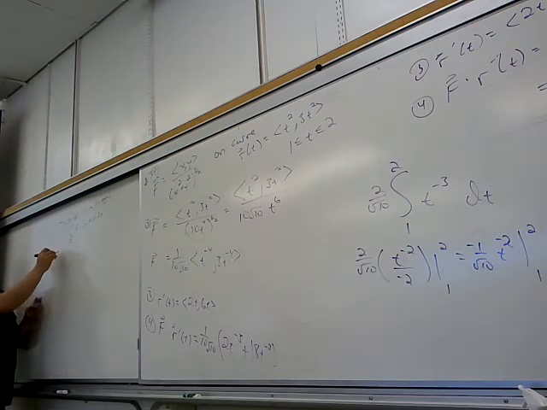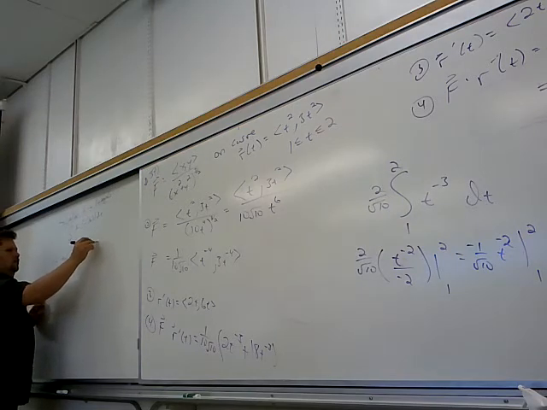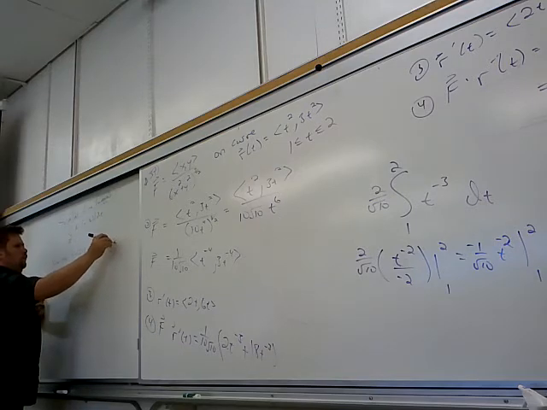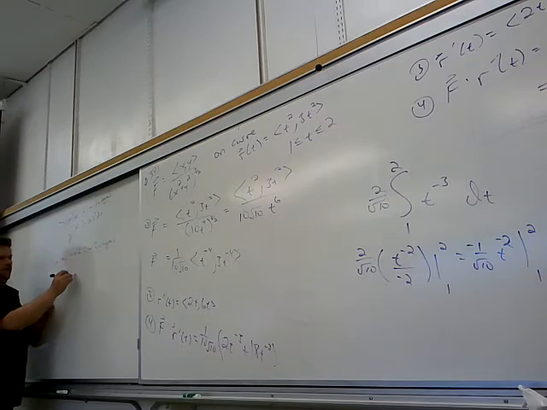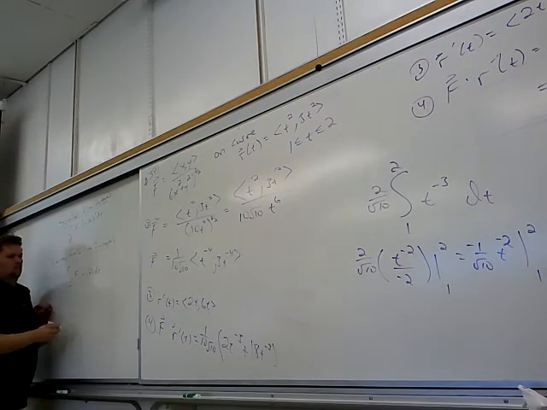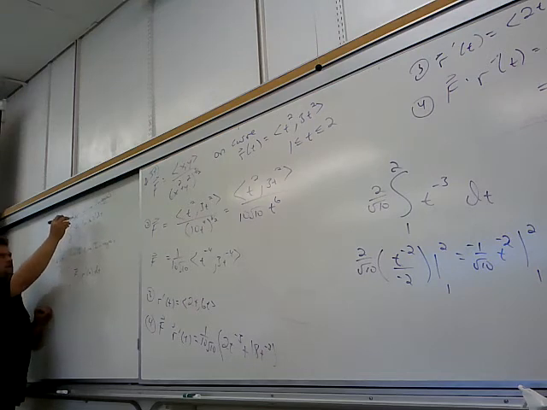We just talked about there's 2 types of vector field integrals. The first type is this here that we just talked about, the F dotted with r prime. That's not an F. That's not a big F.